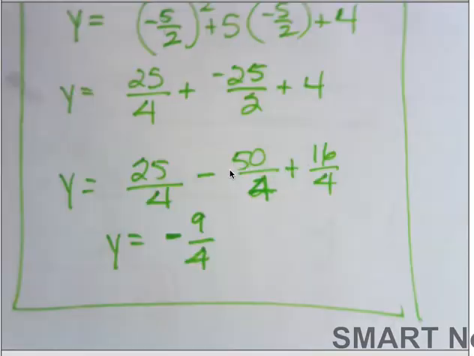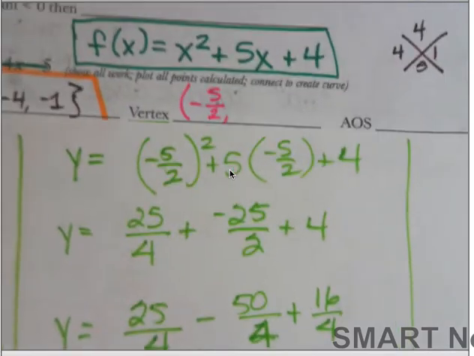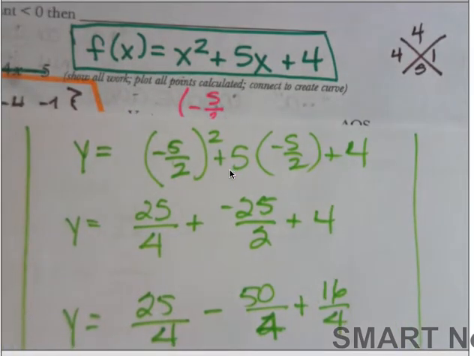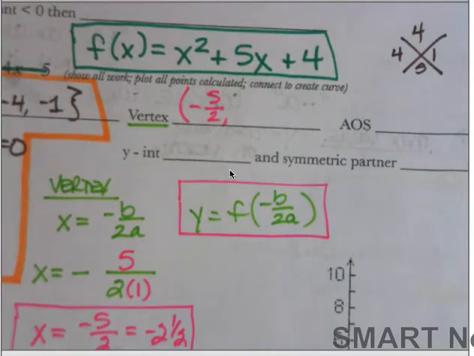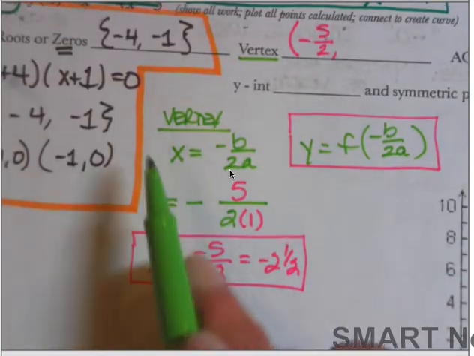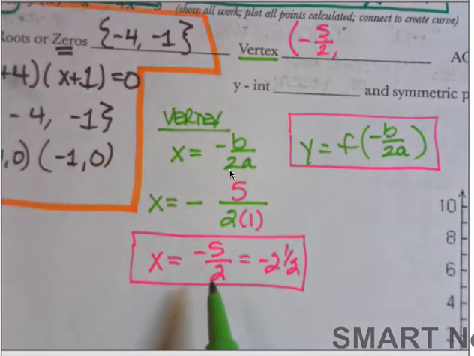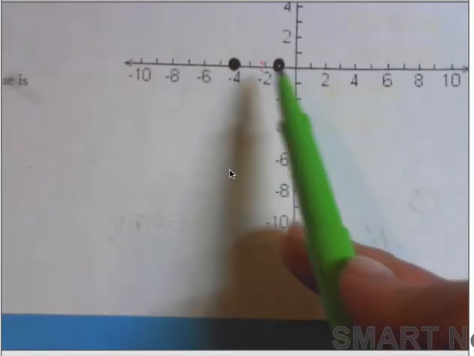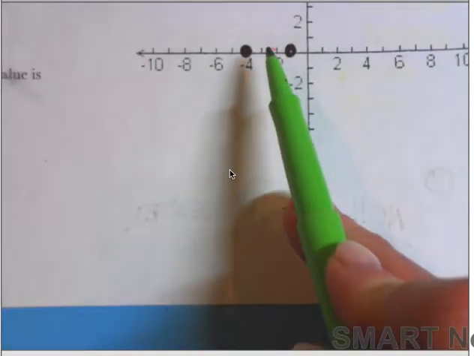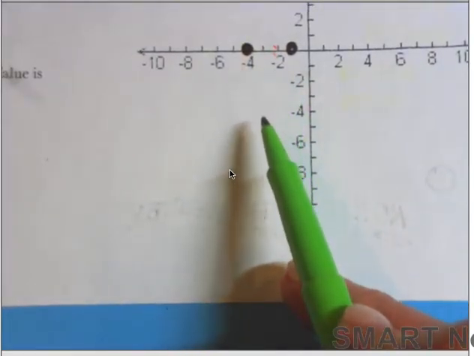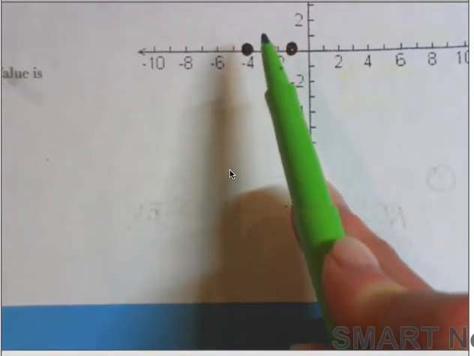We're not going to do a whole lot of these, but you do need to understand how the process works. So just to recap what I just did, I used this formula to find the x value of the vertex, and I ended up with a fraction. But I now need to find the y partner so that I know where to go to plot the point. I know where the x-coordinate is, but I need to know how far down I should go to plot the y coordinate of the vertex.